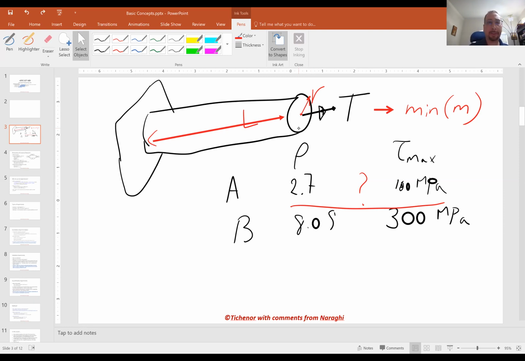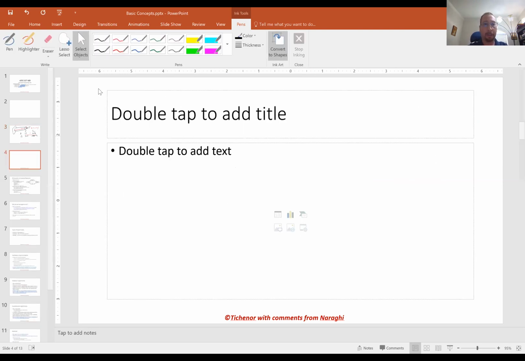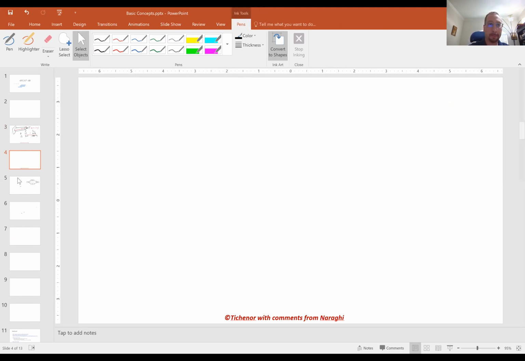And so we want to see which of these two materials is a better choice for us. And by the way, this is the type of problem you have seen in 214.